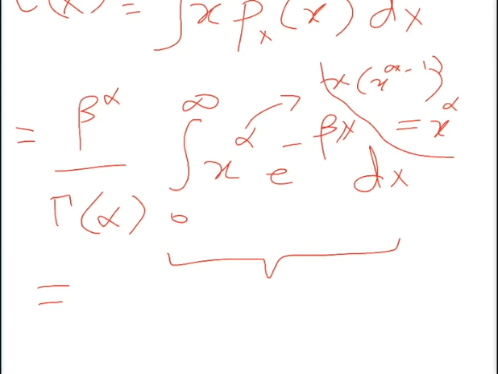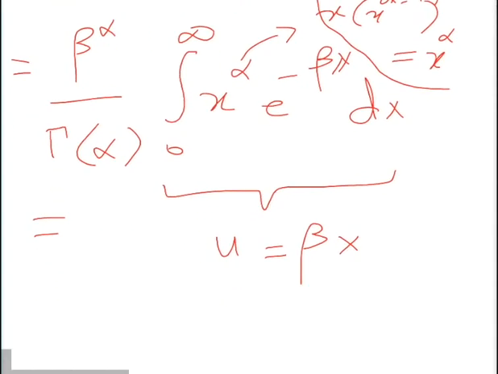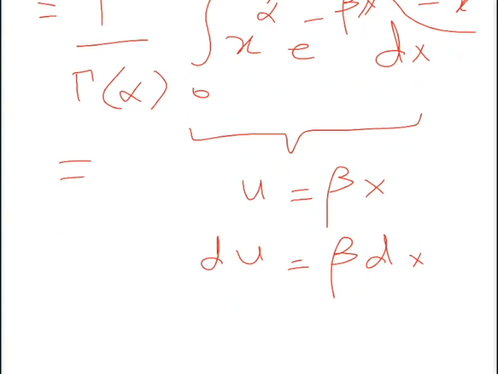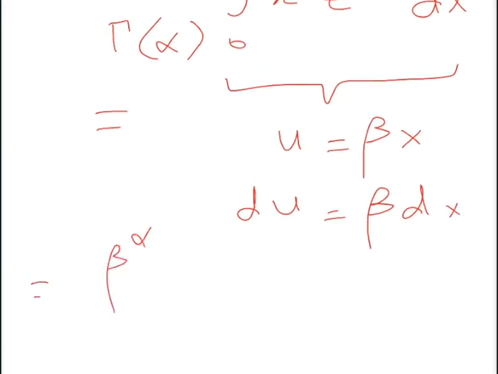change of variables here, and we can say u is equal to beta x, and du is equal to beta times dx. If x goes from 0 to infinity, u also goes from 0 to infinity, and then we have beta to the alpha over gamma of alpha, integral from 0 to infinity. Now x is u over beta, right?